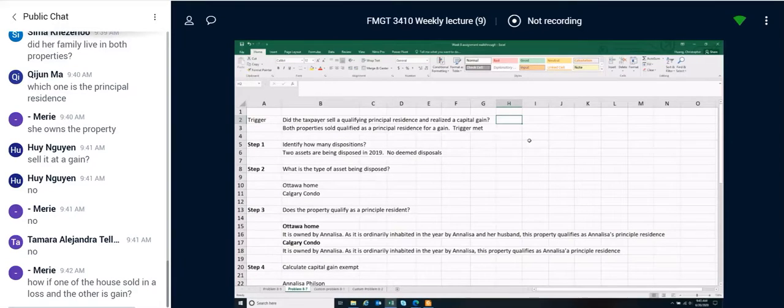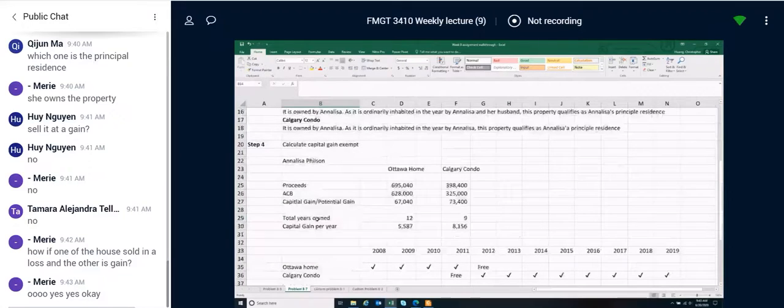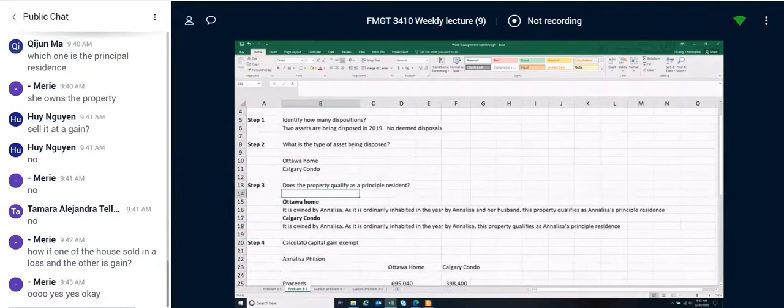As a taxpayer, do you want to avoid recognizing a loss? Well, no, there would be no reason to not claim the loss. So you never designate that property if it's at a loss.